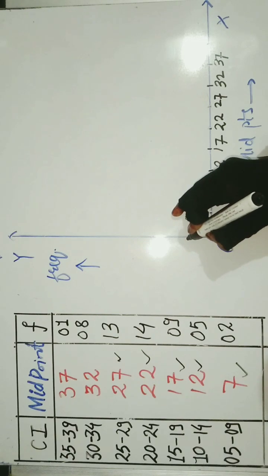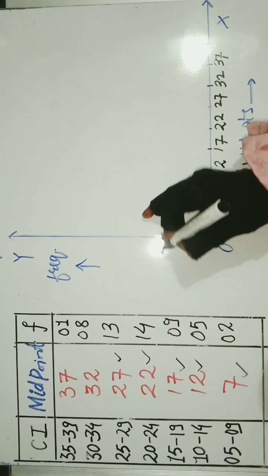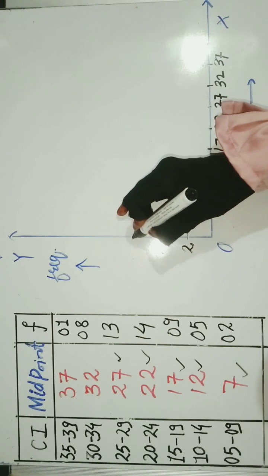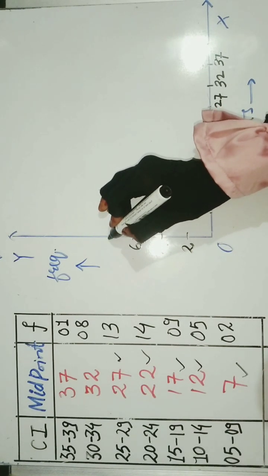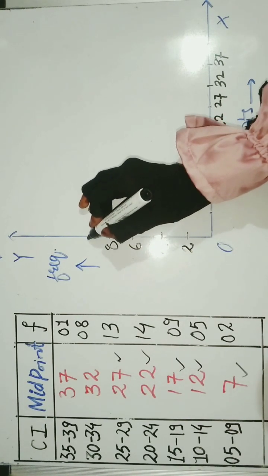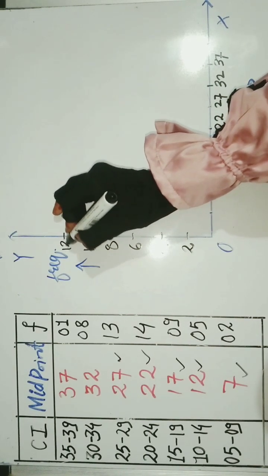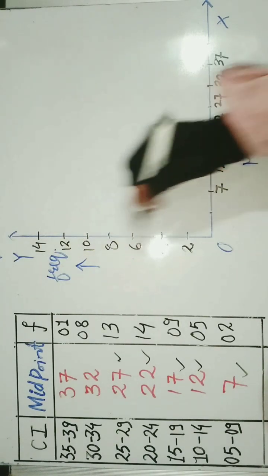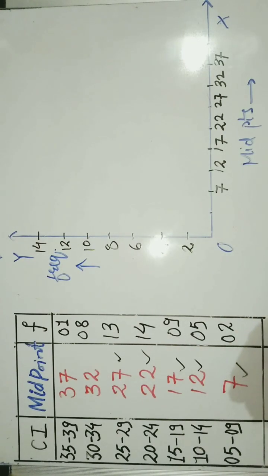So if this is our 2, 4, there must be equal distance between each of these frequencies: 6, 8, 10, 12 and 14. You can also take 1 frequency per centimeter, as per the space.